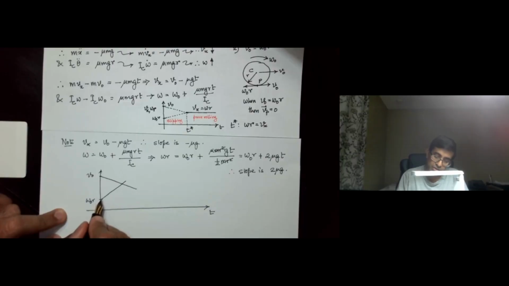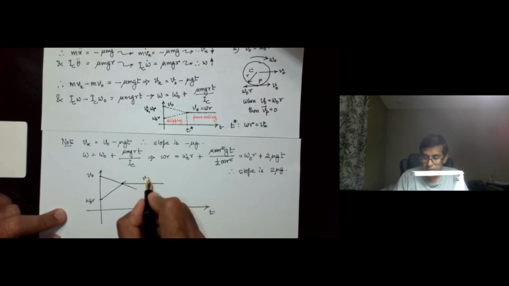So the angular velocity rise is going to be sharper, and then they will reach this point beyond which we are going to have V equals omega r.